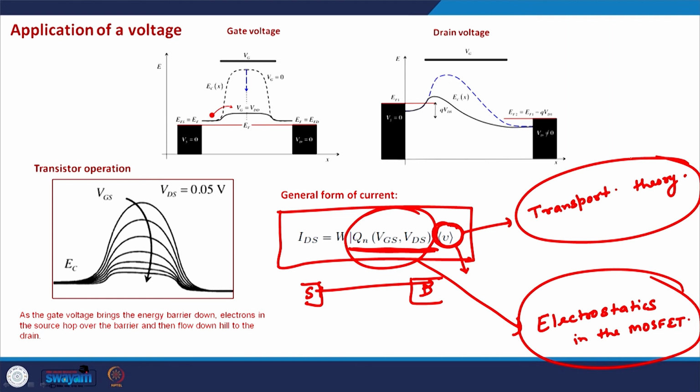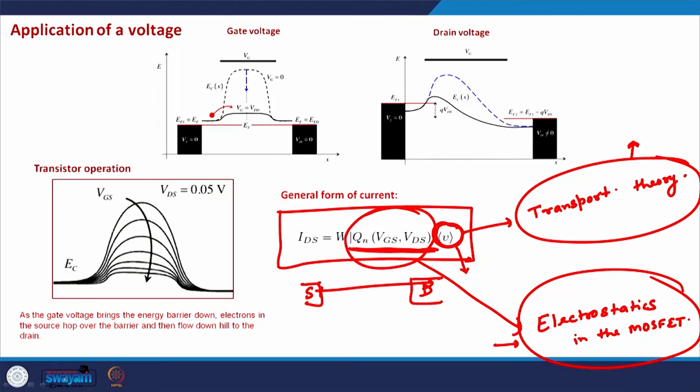The transport part we have covered fairly well already, so we will use that knowledge here in the MOSFET physics. And after this basic discussion, we will briefly discuss the MOSFET electrostatics as well. That way, we should be able to understand the entire physics of the MOSFETs.